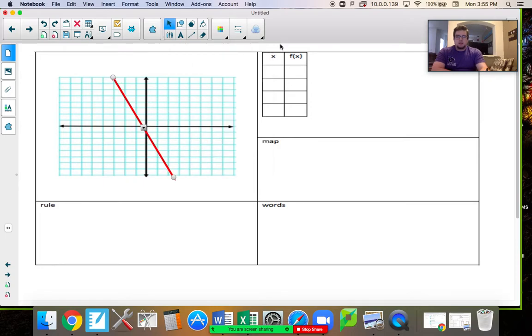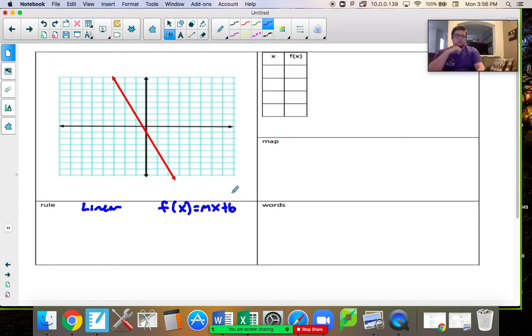So there's my equation. Once again, we see the graph. The graph is a perfectly straight line, so we know it's going to be a linear function. So, not y equals, we're using our function notation. f of x is going to equal mx plus b. And now we're going to need to go from the graph to all the other ones.